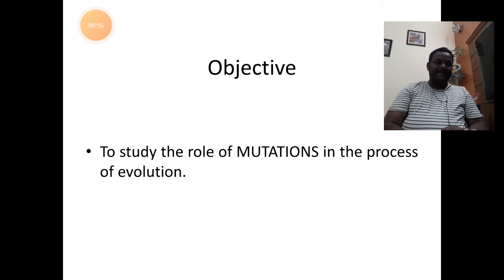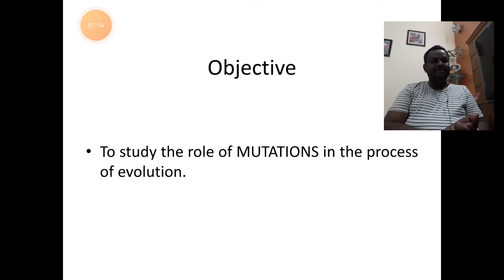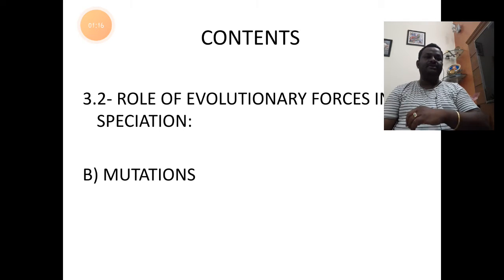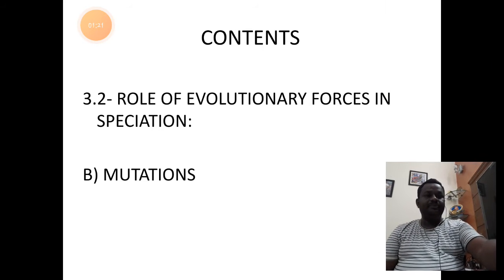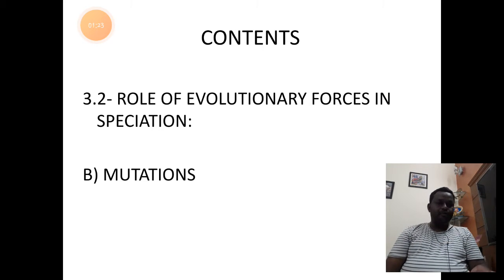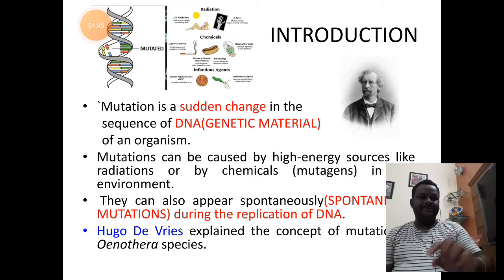First, we shall understand the concept of mutations that acts as evolutionary force in the process of speciation. The objective is to study the role of mutations in the process of evolution. Content includes role of evolutionary forces in speciation, and at this B, mutations.